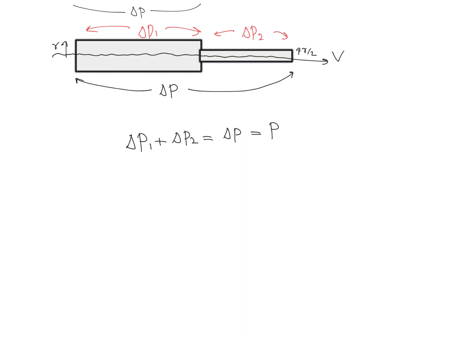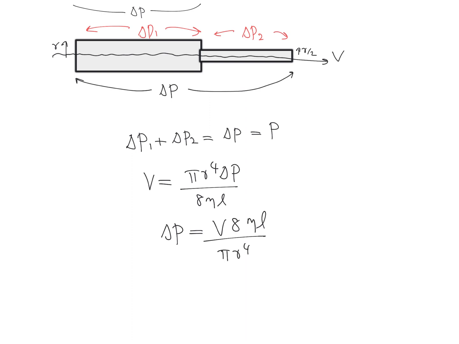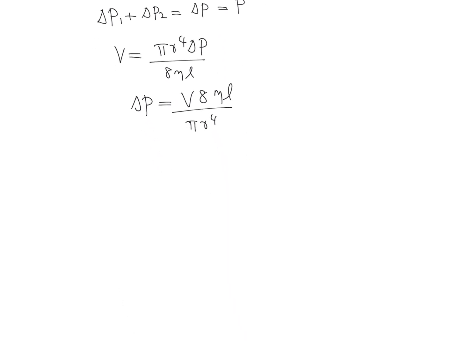We can write that volume flow rate dQ by dt is equal to pi R raised to 4 into delta P divided by 8 eta L. So the pressure difference is volume flow rate into 8 eta L divided by pi R raised to 4. In both situations the coefficient of viscosity, length, and volume flow rate are the same.